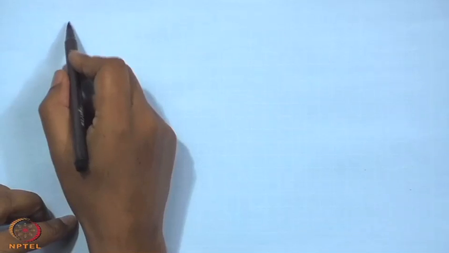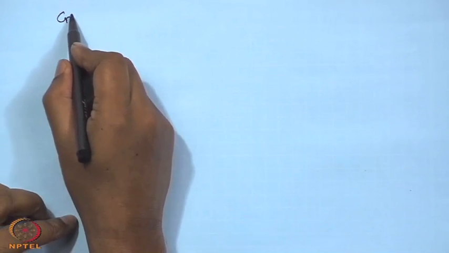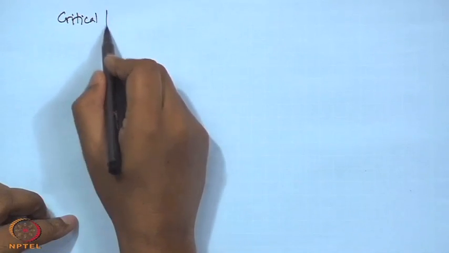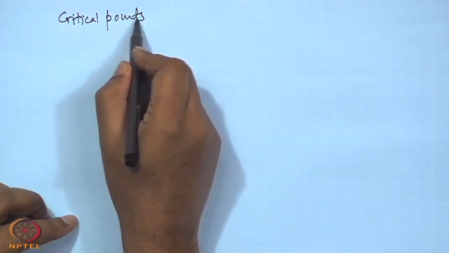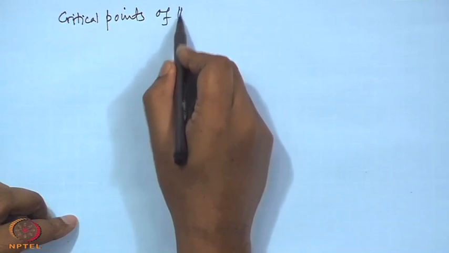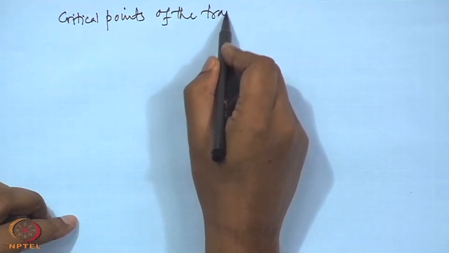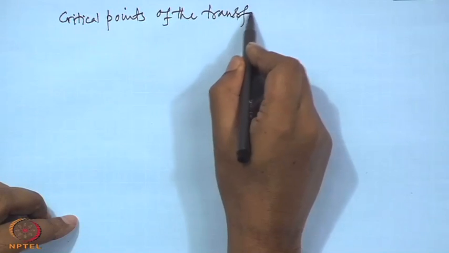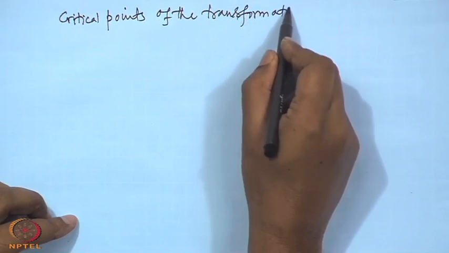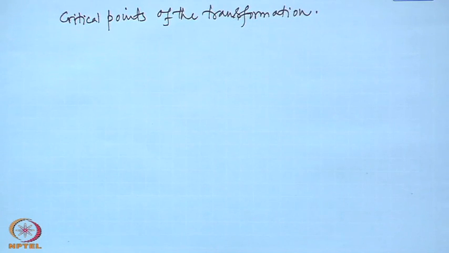What are the critical points of this transformation? At critical points, what happens? d zeta d z equal to 0.